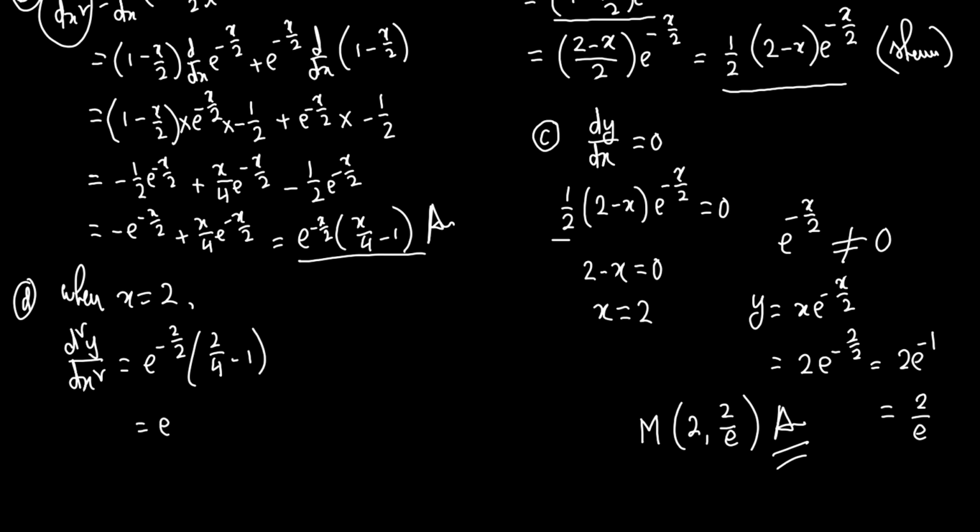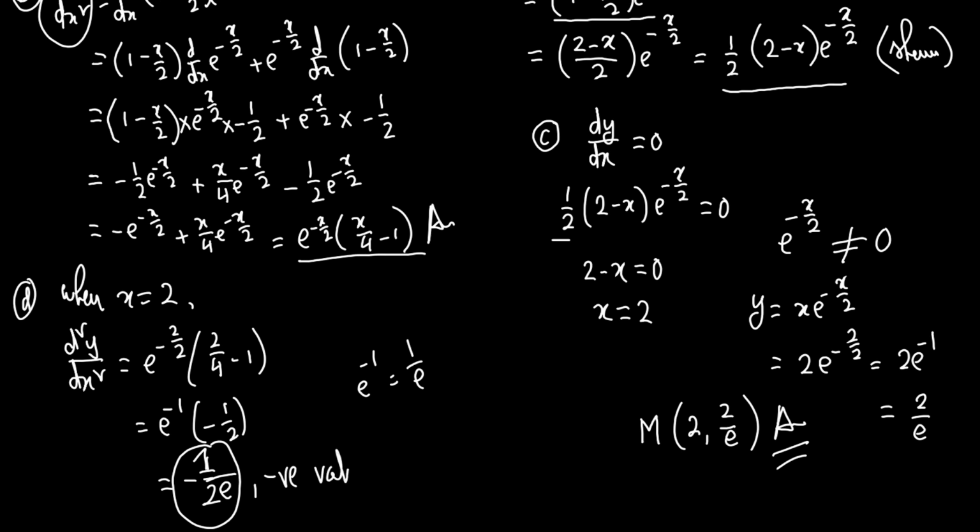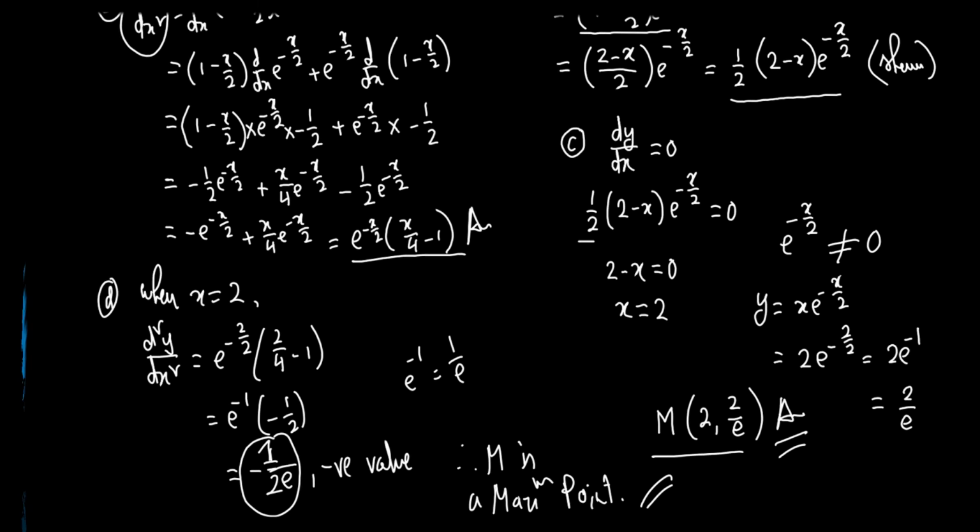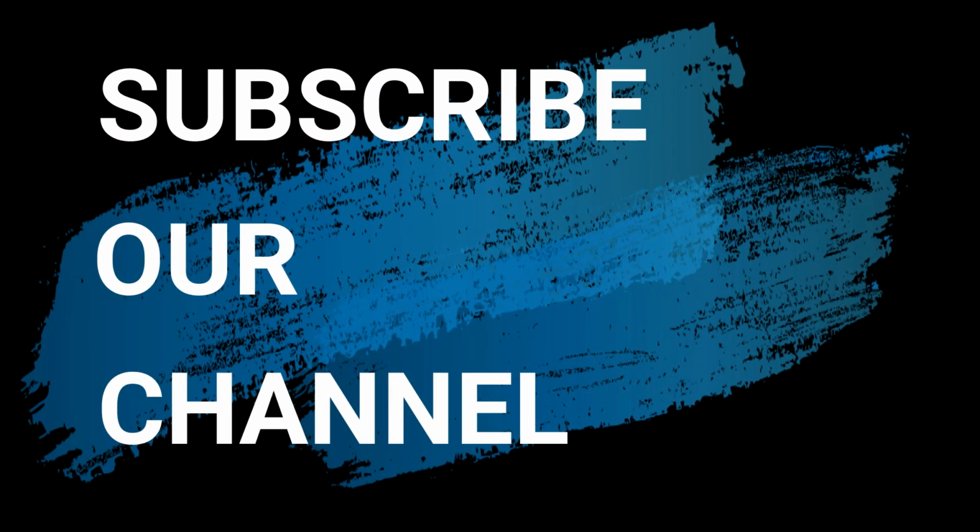So e to the power minus 1, and inside it is minus half. You can write it as minus half e to the power minus 1, or minus 1 by 2e, because e to the power minus 1 we know is 1 by e. So it is completely a negative value, so we can say M is a maximum point. This is our conclusion for the stationary point.